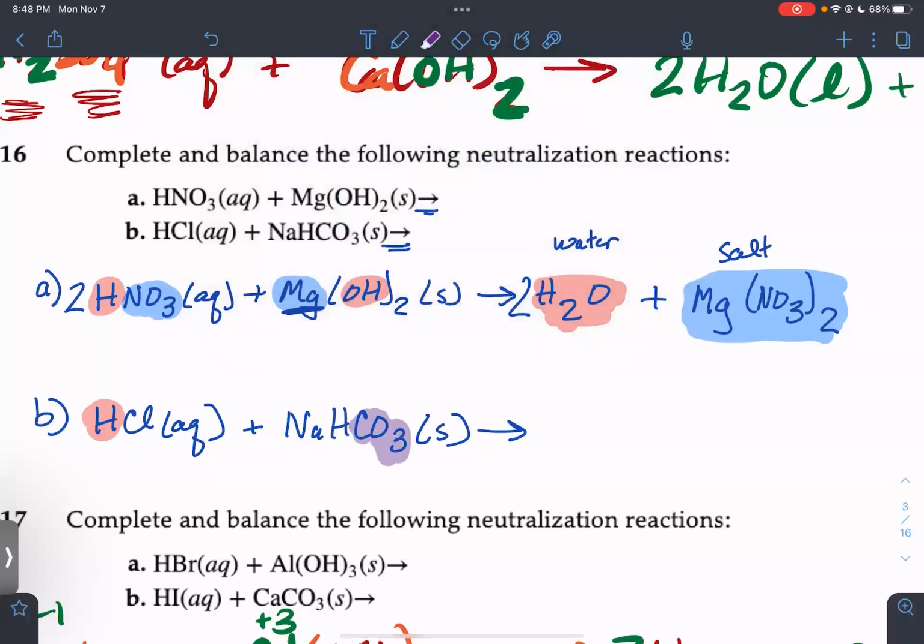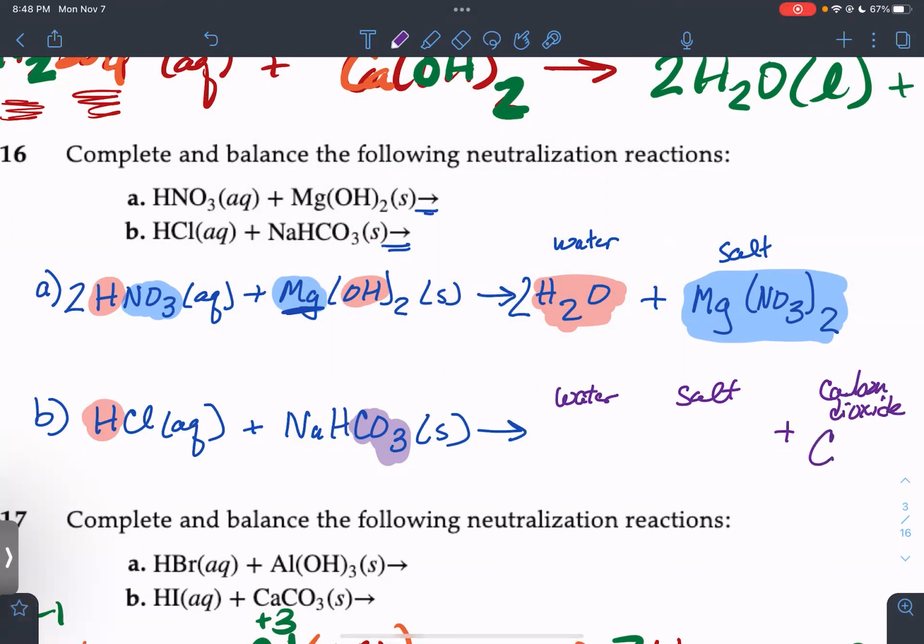So anytime you see a neutralization reaction and you have some kind of carbon substance, this is a really great trick to know: in addition to a salt, you're going to make water, you're going to make a salt, but you're also going to make carbon dioxide.